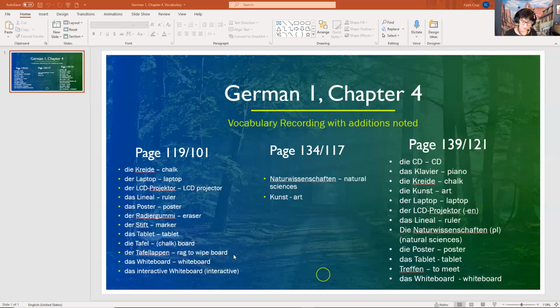Lieblingsfach, manchmal, Mathematik, meinen, nervös, then nie, noch, Note, ohne, Papier, Pause, Physik, Poster, Rechner, and then this recht means right, but there's this idiom recht haben that means you are right.